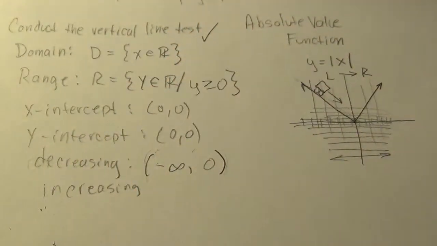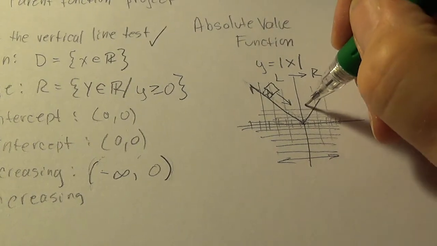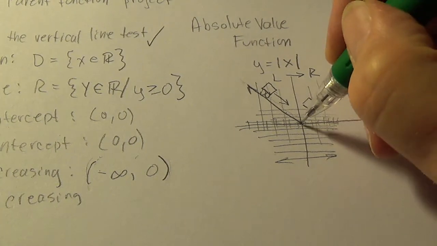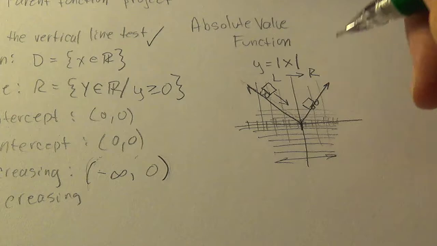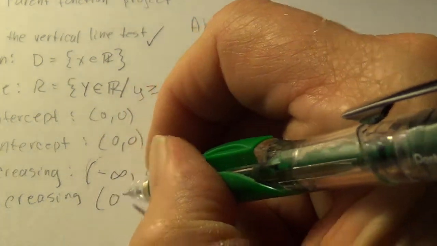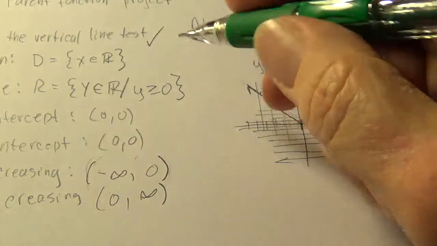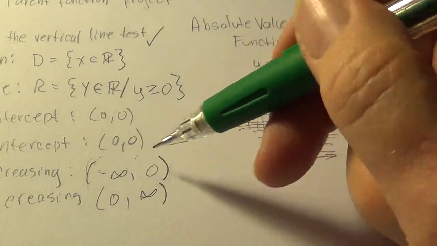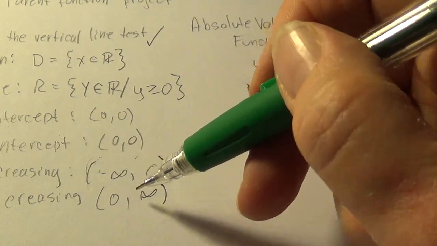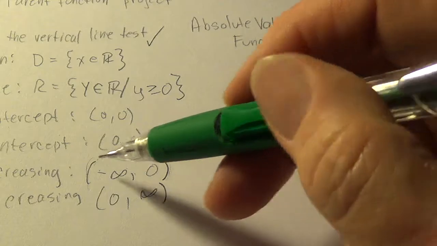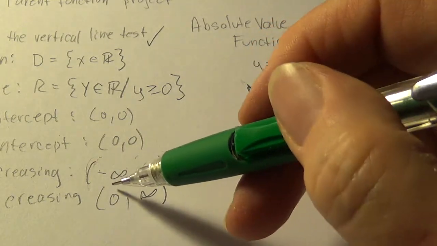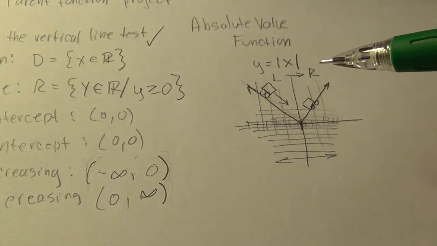You can see over here the little car starts increasing once we hit the x value of 0, and it goes out forever. So 0 to infinity. We put the lower value to the left, the higher to the right. We separate them with a comma, and we say whether 0 and infinity are included or not.